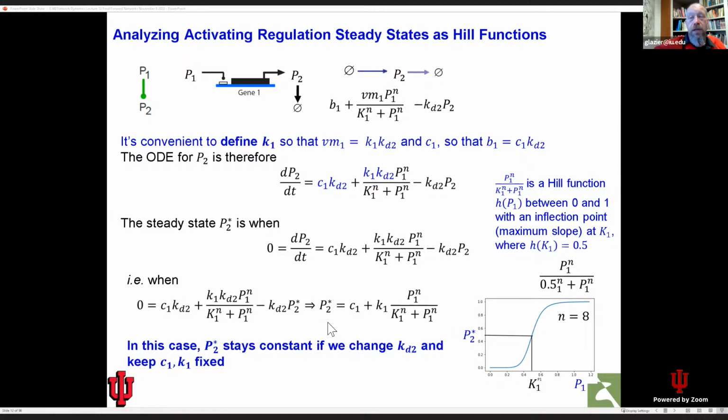And if you do that, you get P2 star is equal to the basal rate scaled by the decay constant plus the velocity scaled by the decay constant times P1 to the N over K1 to the N plus P1 to the N. The reason it's convenient to put in this change of parameters is that way, if you change the decay rate, the fixed points don't change.